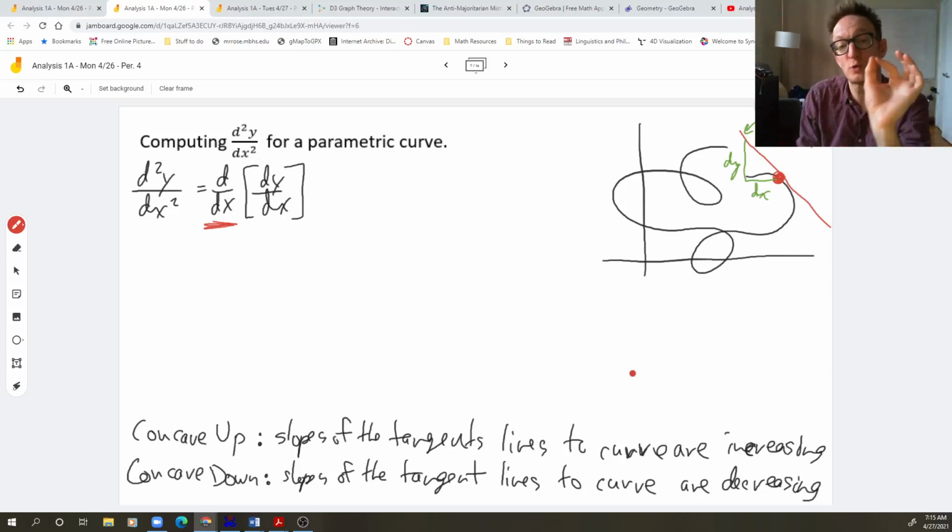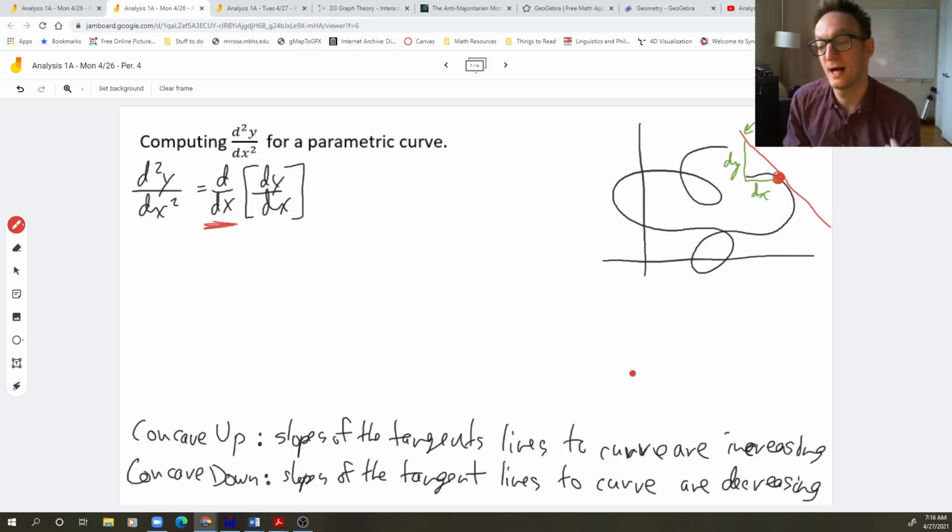In other words, scoot x over a tiny bit in the positive direction. That's what the derivative with respect to x means, right? Increase x by a tiny bit, what happens to dy dx? And the answer is, if you scoot x over by a tiny bit to the right, and the slope has gotten bigger, then it means that the function is concave up. I need you to feel that.